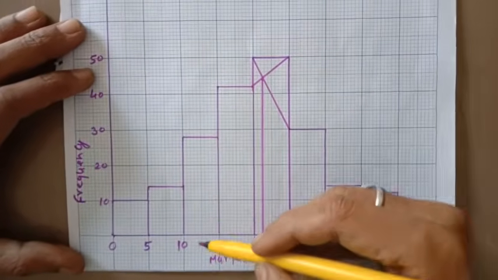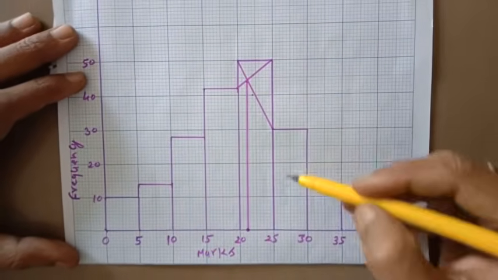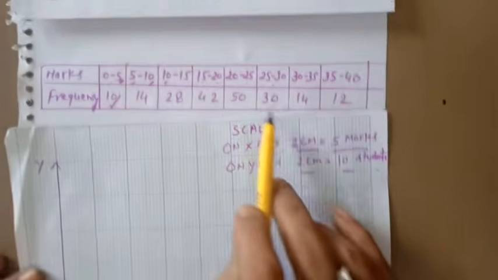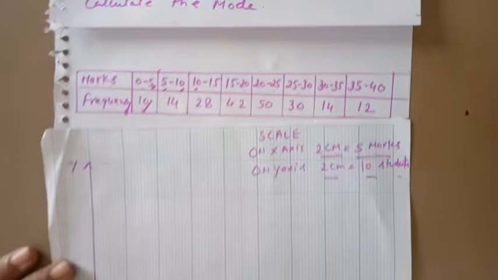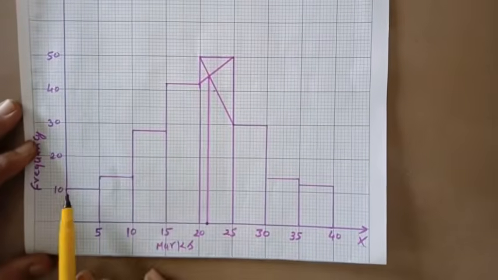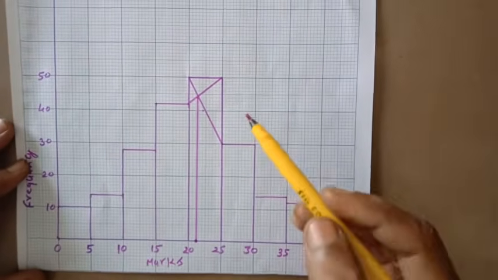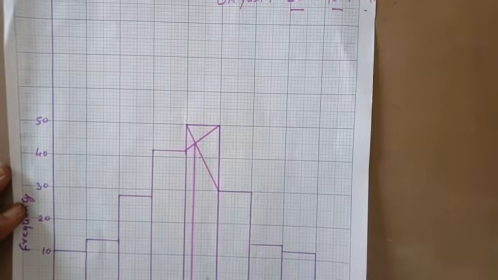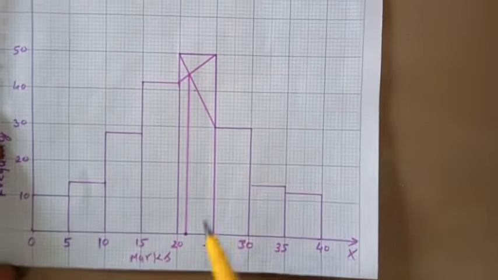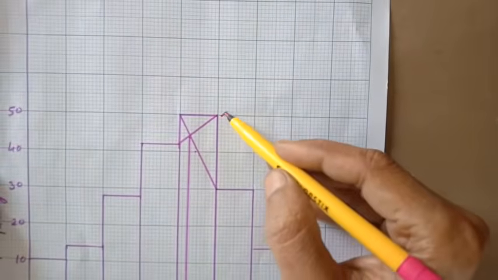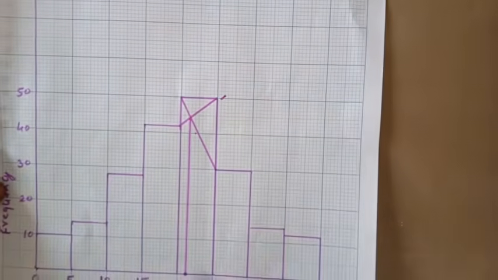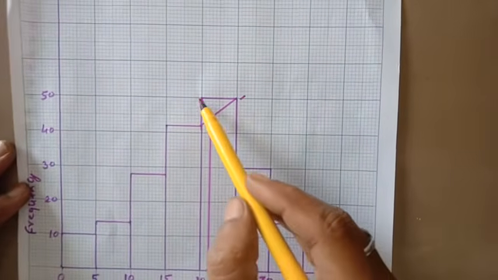Similarly we draw all these rectangles as given according to the table. Then we can see we have completed this graph. In this we can see 20 to 25 is the highest one. In this highest one we take both the top corners.